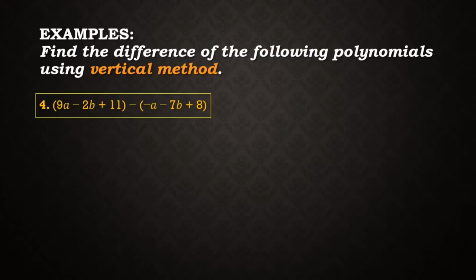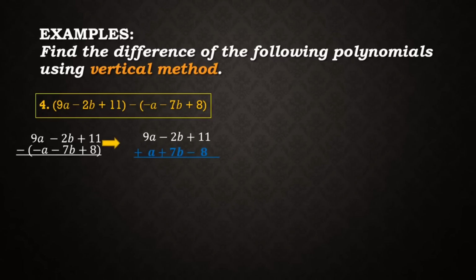For example number 4, we have the quantity 9a minus 2b plus 11 minus the quantity negative a minus 7b plus 8. Let us align them vertically and rewrite. So we have 9a minus 2b plus 11 plus positive a plus 7b minus 8.